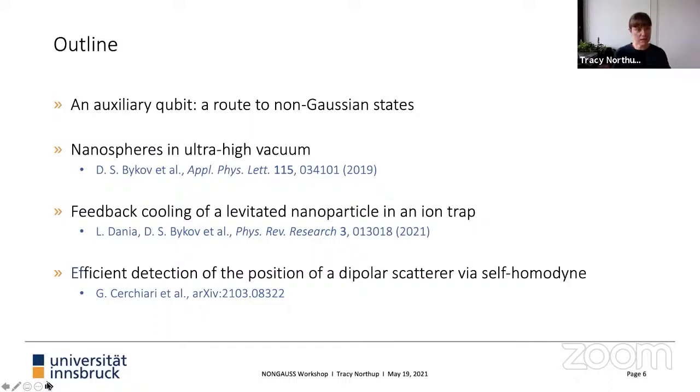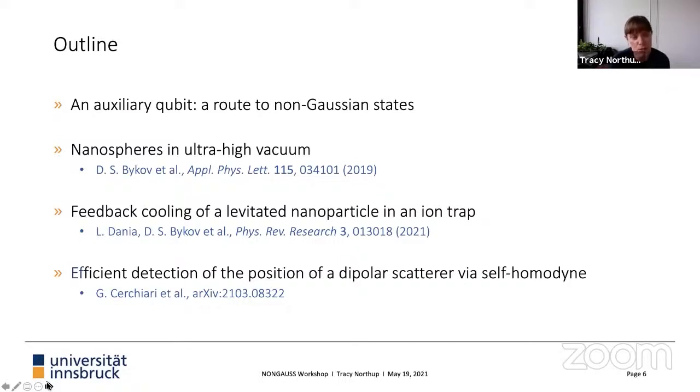Then the next 3 points are all about experimental results, although the paper on the last point is a theoretical paper, and we're just doing some experimental work now. So the first point is telling you about how we can trap these nanoparticles in ultra high vacuum for these experiments. And then the third point here is about how we can feedback cool a levitated nanoparticle in an ion trap. So this is something that we recently published.